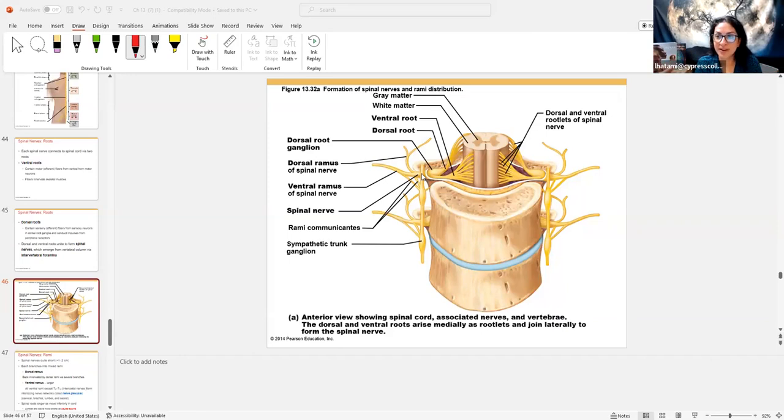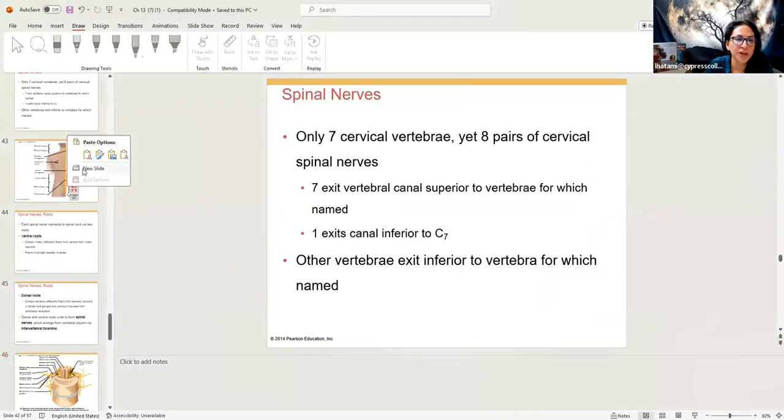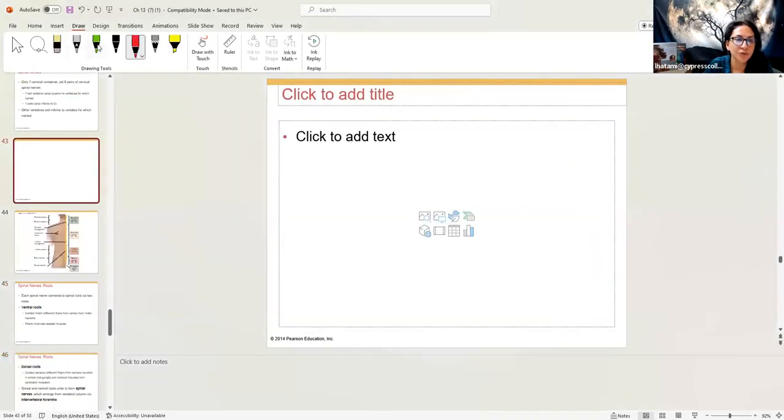You remember that we have the intervertebral foramen, the opening between vertebrae, and through this opening the spinal nerves come out. Okay, now let's see how these 31 pairs of spinal nerves come out from the intervertebral foramen.